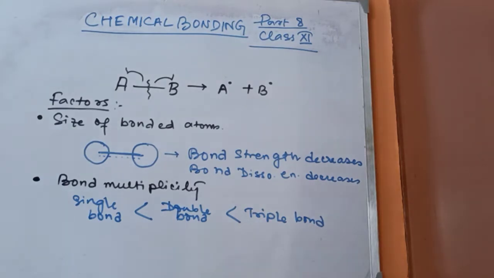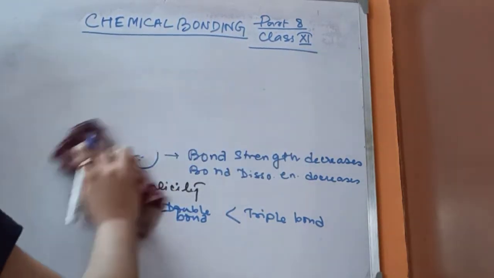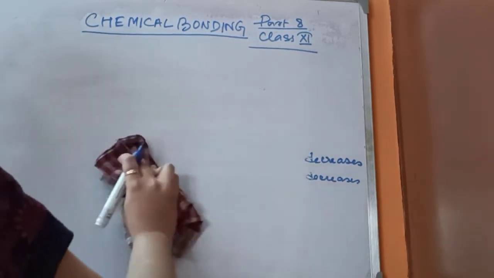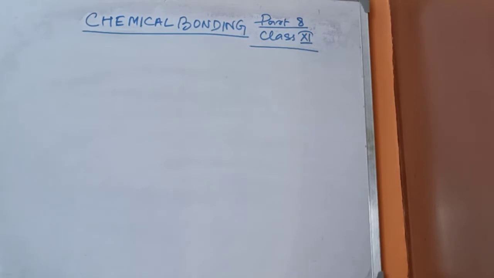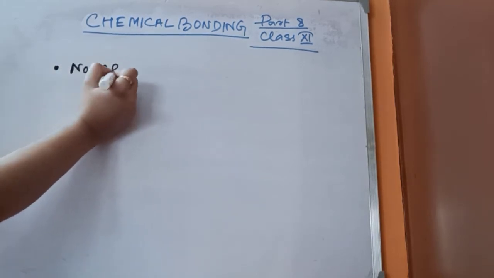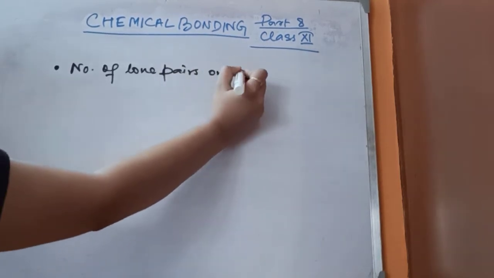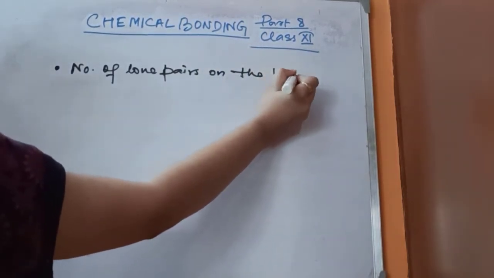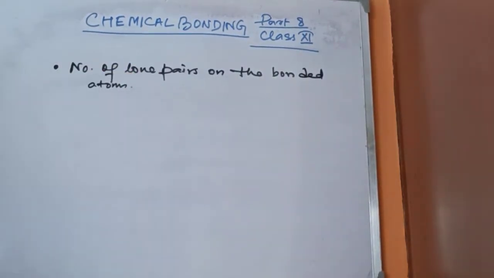Okay, so the next factor is number of lone pairs on the bonded atoms.